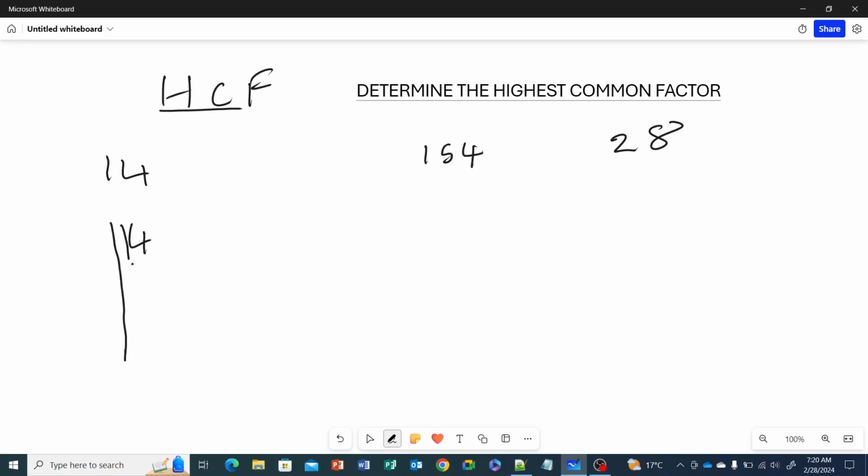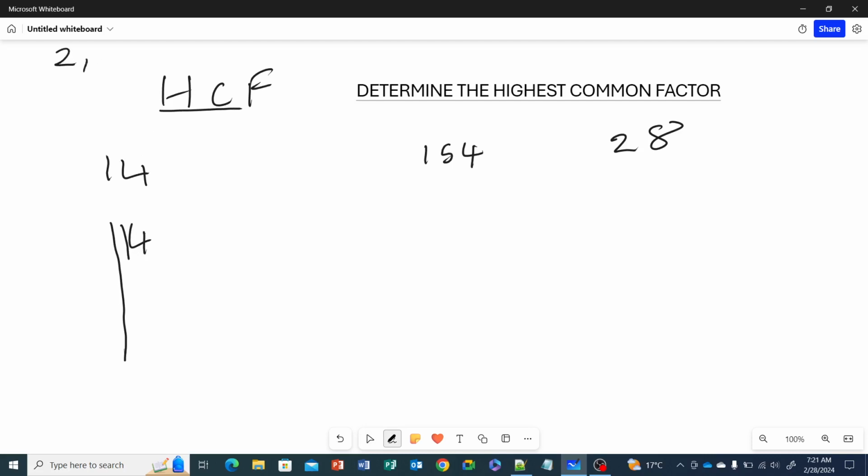Okay. Now, using this method, you are going to use prime numbers to determine the factors. Now, when you talk about prime numbers, we talk about a number that is only divisible by 1 and itself, meaning that it has only two factors. Now, we will say the first prime number on the list is 2.